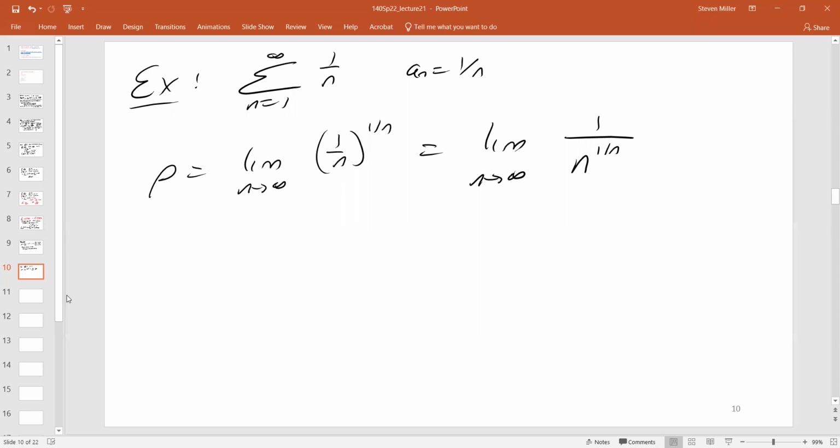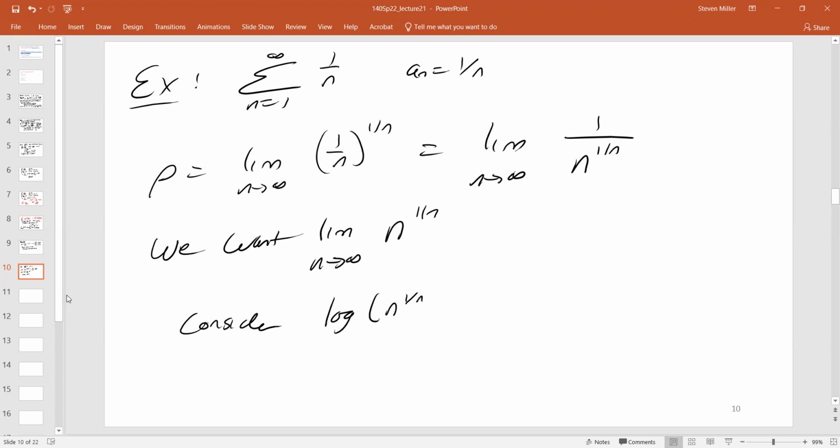The best way to evaluate is to do a trick. So we want the limit as n goes to infinity of n to the 1 over n. Consider the log of n to the 1 over n. What is the log of n to the 1 over n? Yes. 1 over n times what?